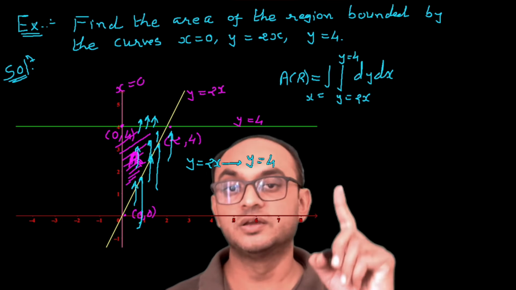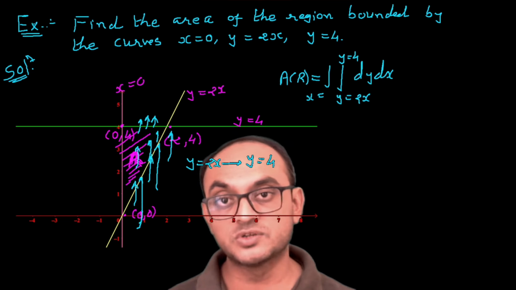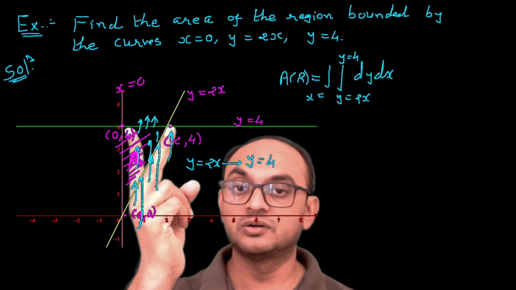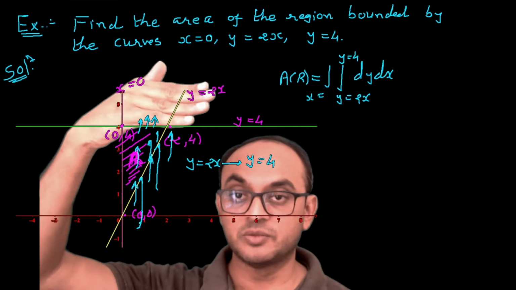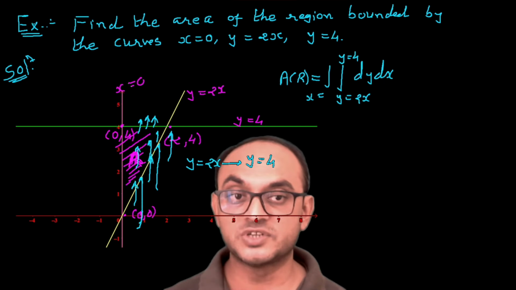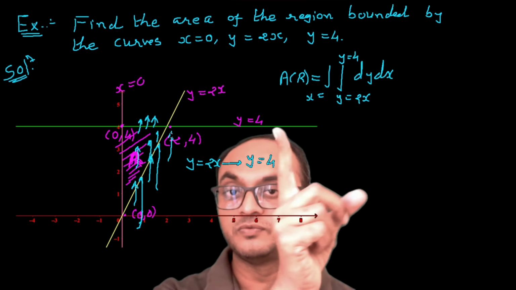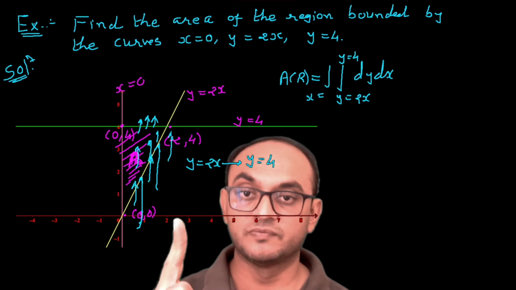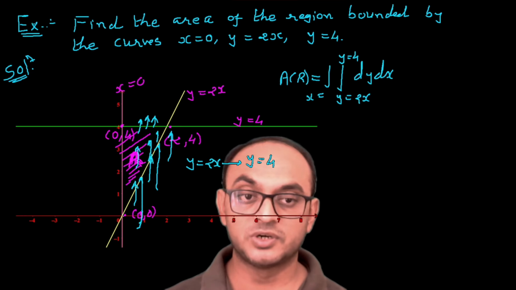Now I have to write the limits for x. Outer limit must be constant. So observe the x-axis. How much portion of the x-axis is covered by the region? So I need to take the projection. The projection of this point lies here, x equal to 2.